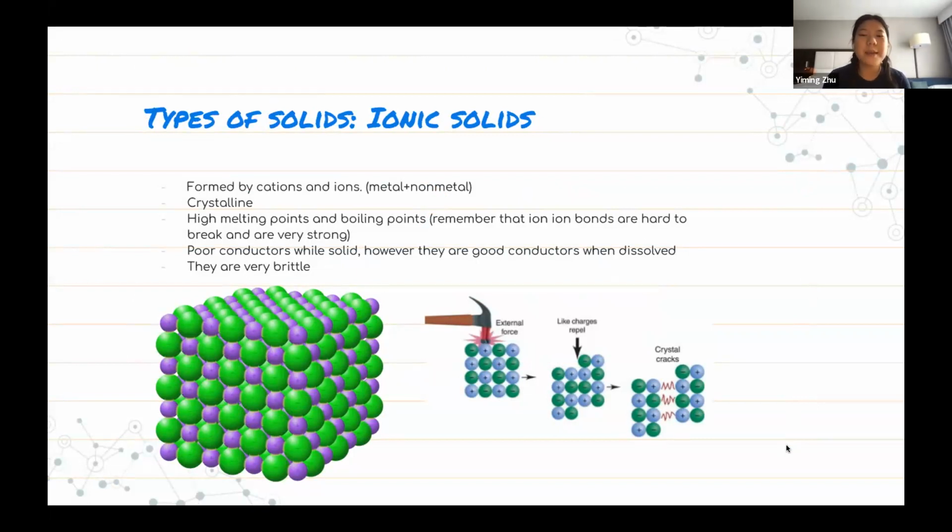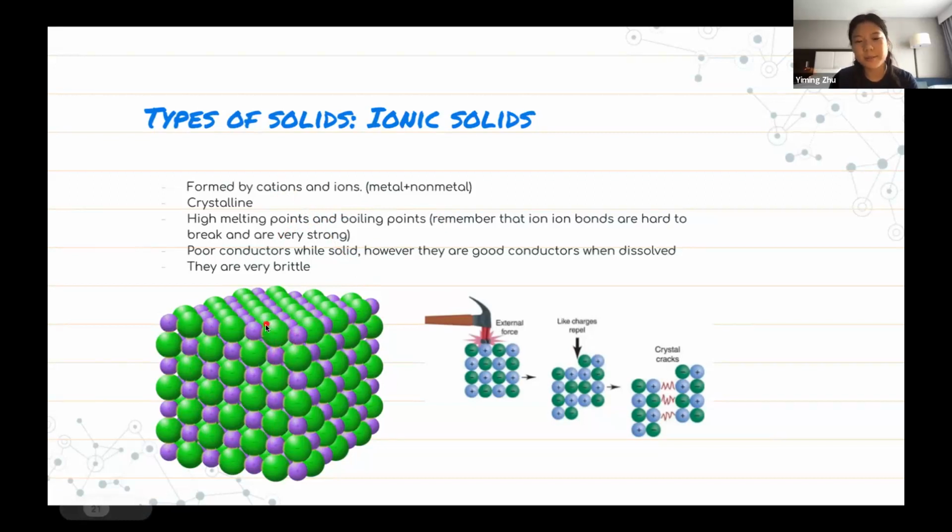They're usually between a metal and a non-metal. So you remember salt again for a common example. The metal would be the sodium, while the non-metal would be the chlorine, and it would form a crystalline shape between the positively charged and negatively charged atoms.